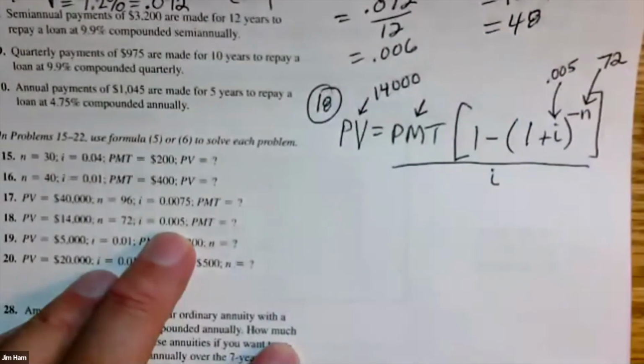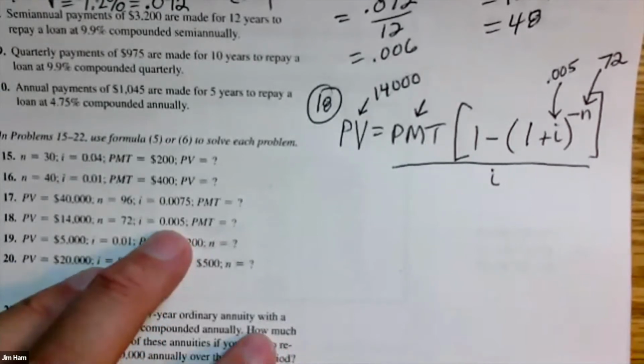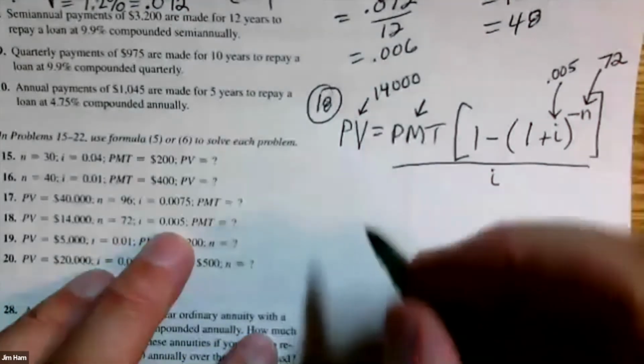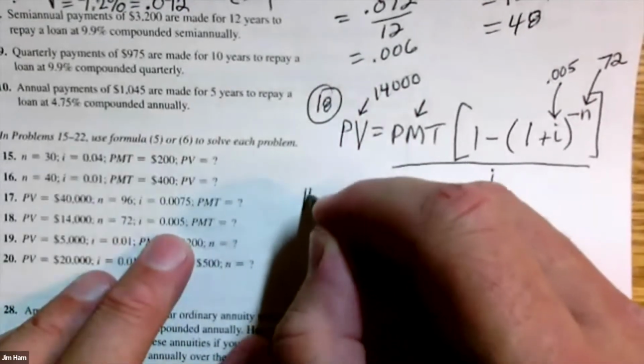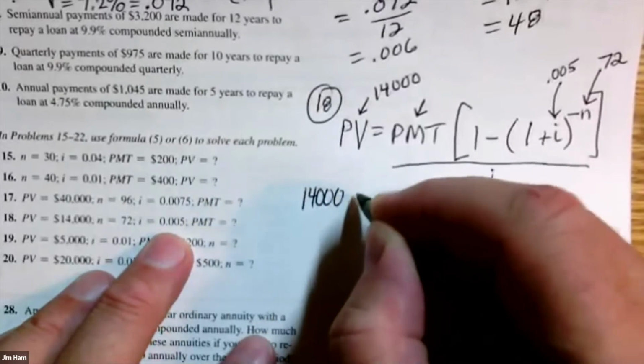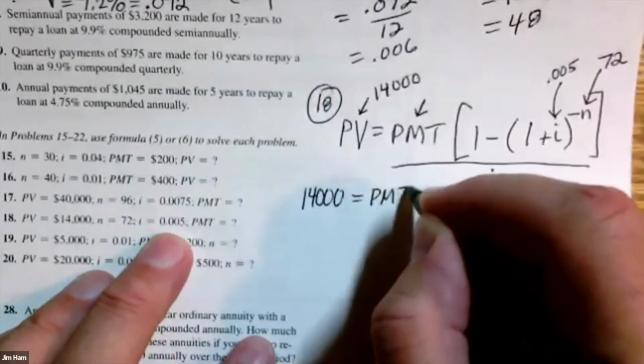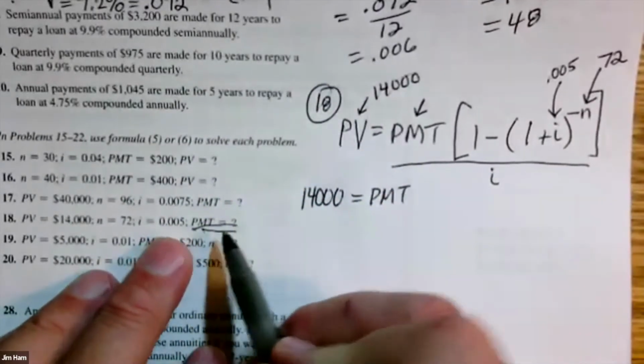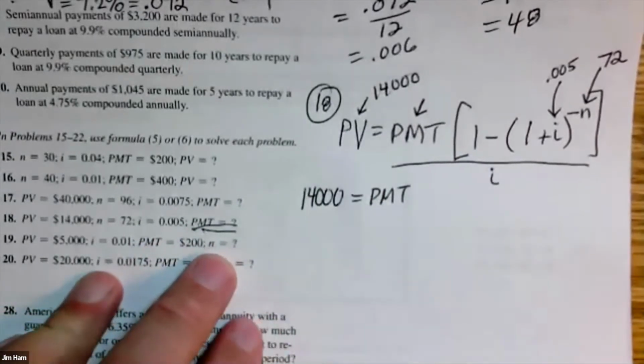And if you multiply that by 12, you'll see that turns out to be an annual interest rate of 6%. But we don't really know that because we don't know how those numbers are broken down. So what we're going to do is solve the equation, plugging in all the numbers we do know, and trying to find the value of the variable we don't know. In this case, it's the payment.